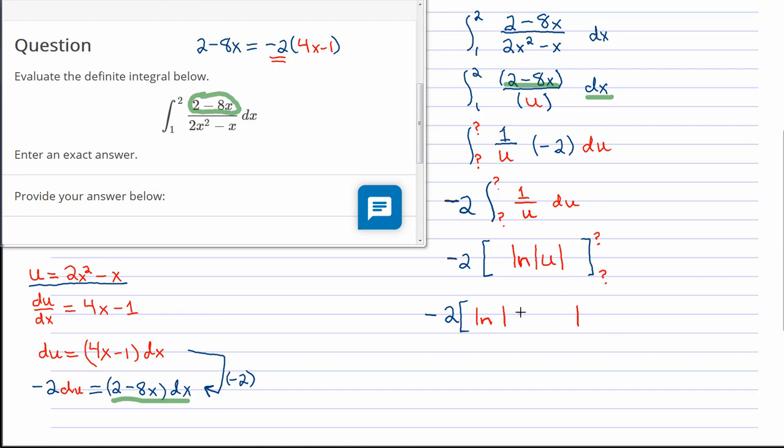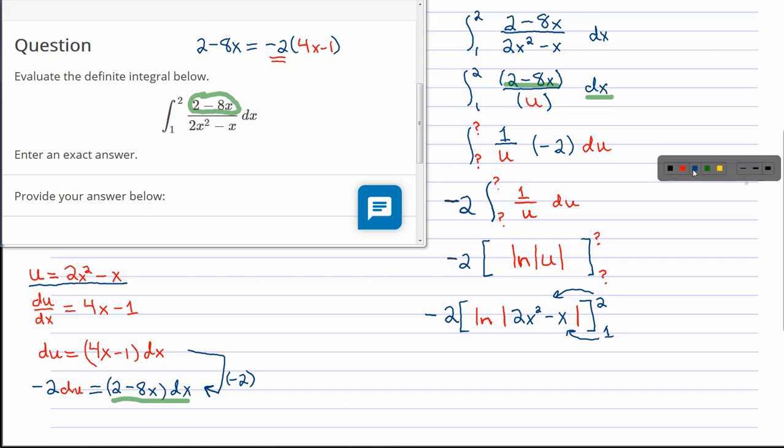So wherever I see a u, it's perfectly okay to put 2x squared minus x. And now once the x's are back, then I can bring back the 1 and the 2. And so now we're almost done. Now we just have to plug in the 2 and plug in the 1.